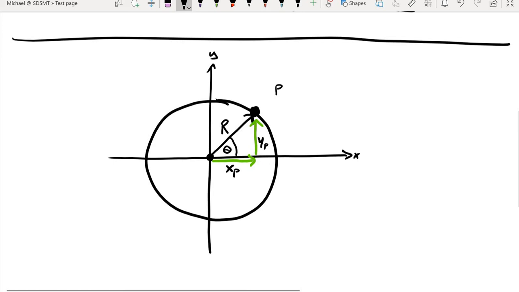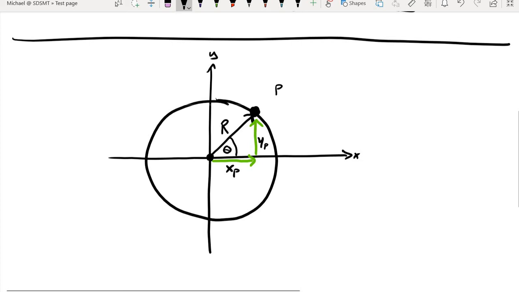So these will be the x and y components of the position vector that we're using. And if I add together x of p and y of p, I produce the vector r. But all of this information is unique to the current location of point P.